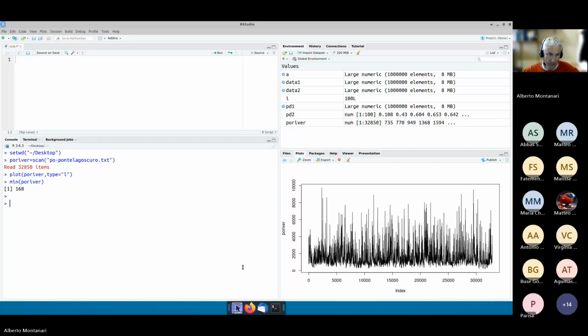And the max, important, because I need to know the interval. The max is about 10,000, okay? So I have to compute my probability density between 0 and 10,000.